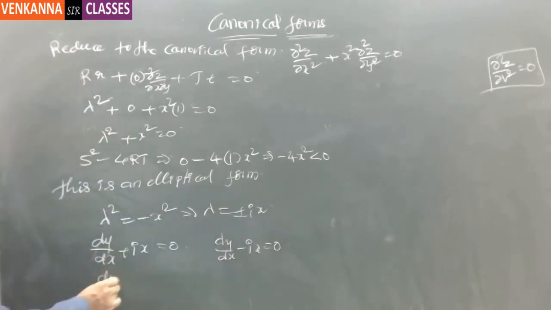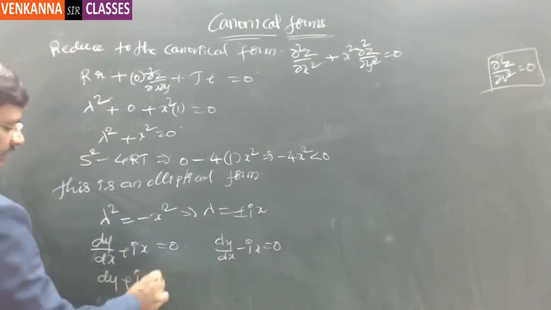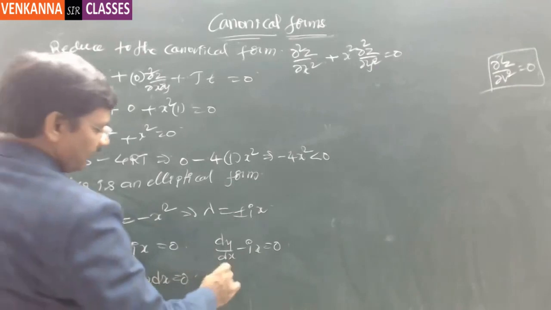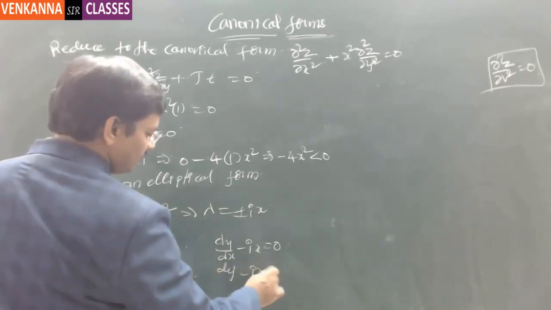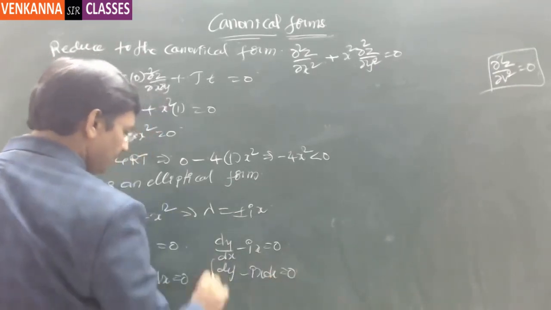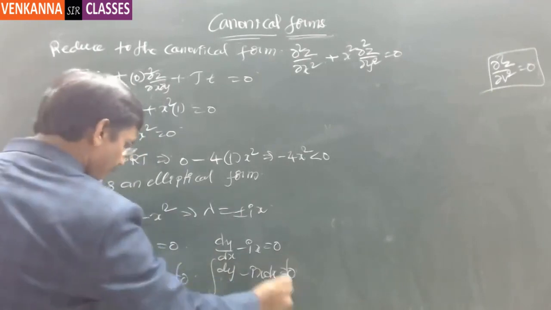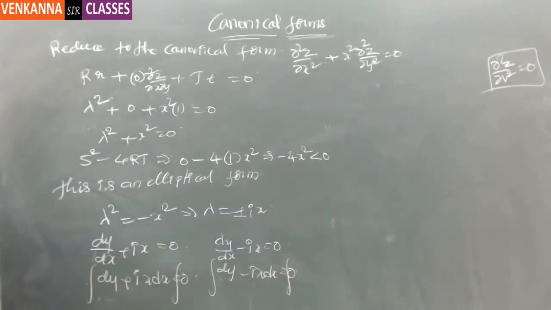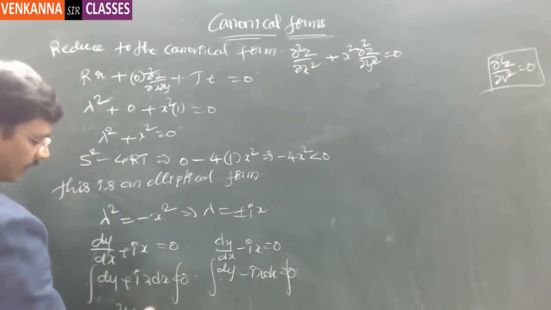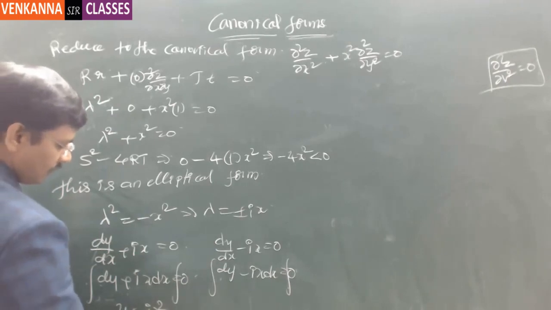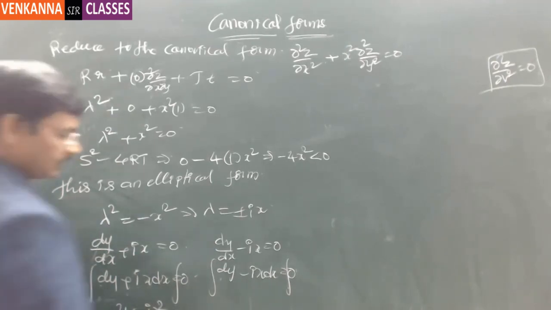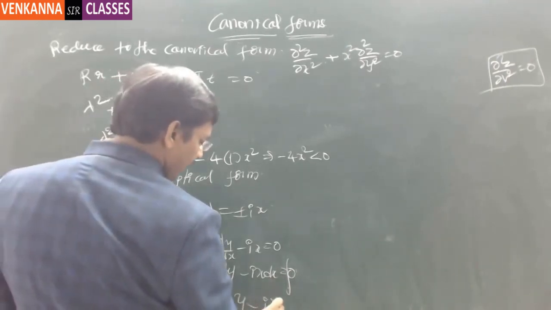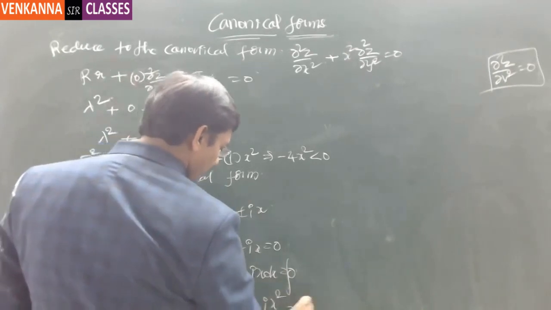Now this is dy plus ix dx equal to 0 and dy minus ix dx equal to 0. Now if you integrate either side, then let us say this is y plus ix square by 2, I call this alpha, and y minus ix square by 2 equal to beta.